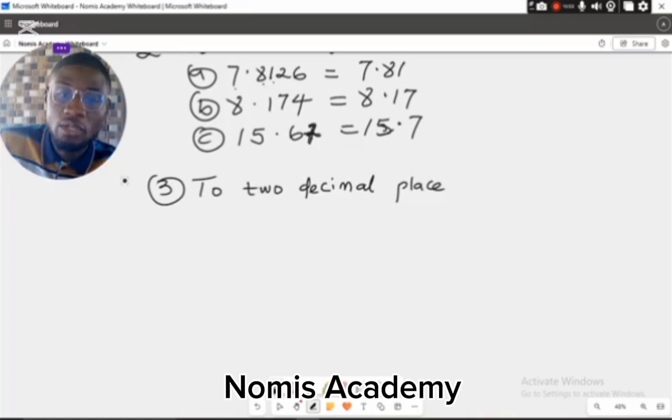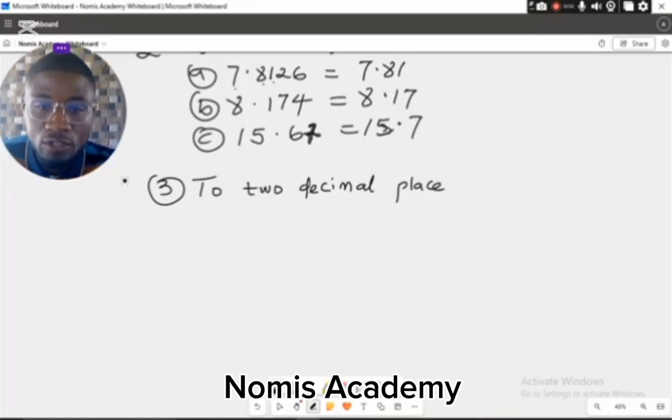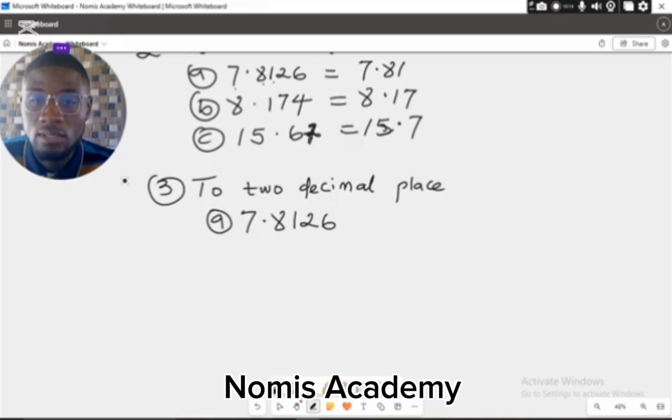Now to approximate to 2 decimal places, let's take them one after the other. The first one, A, is 7.8126. So to 2 decimal places, after the decimal point, we only need 2 digits.